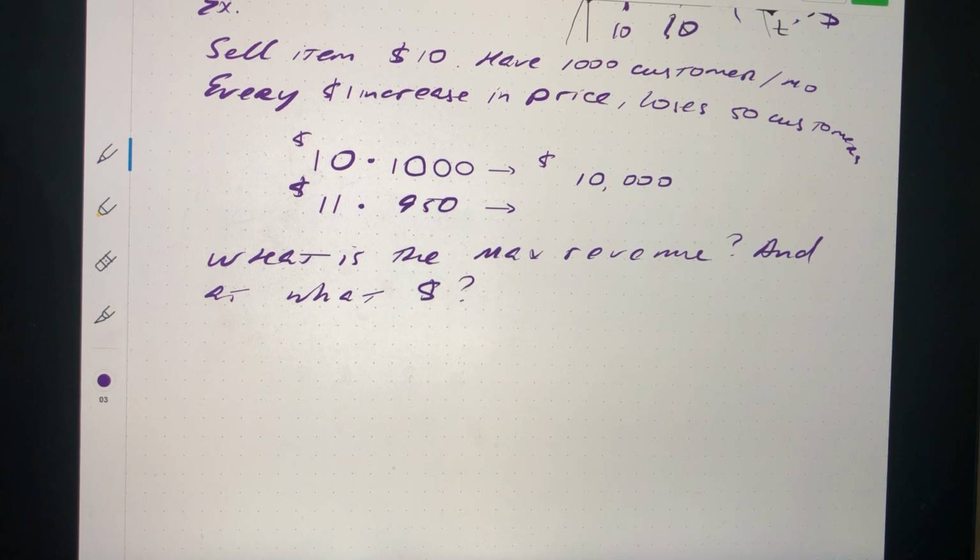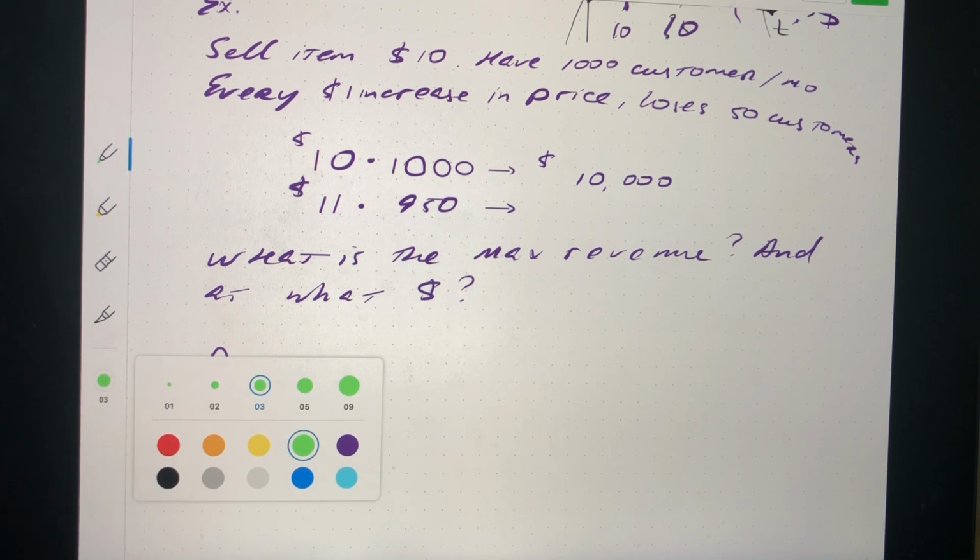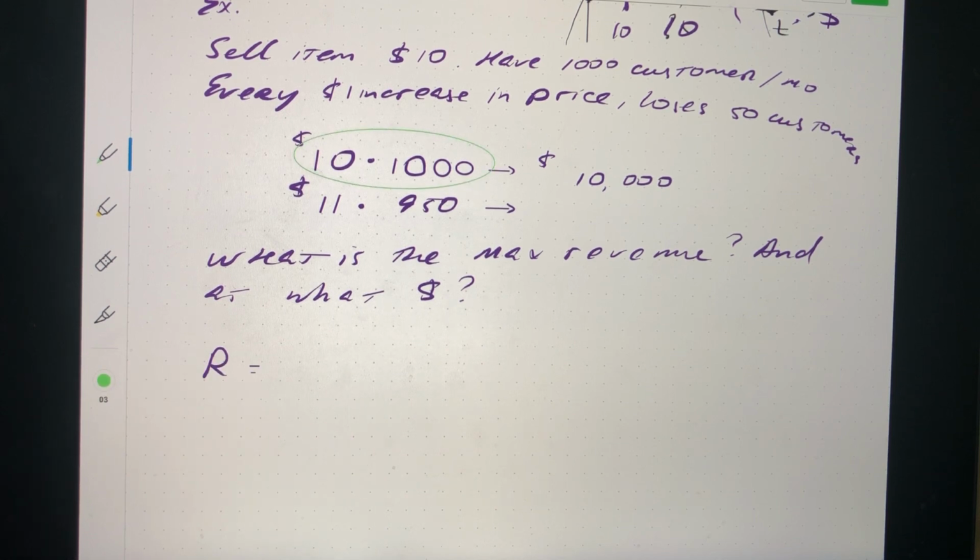We have two things. Here is our revenue, and it is basically the price times the units. So what is the price? Well, the price starts off at 10, but then we can increase it by $1 as many times as we want.